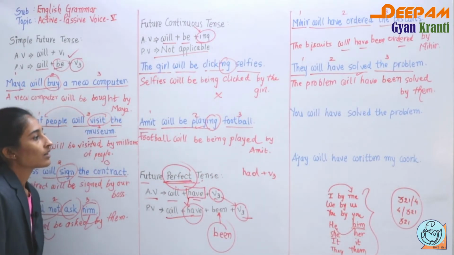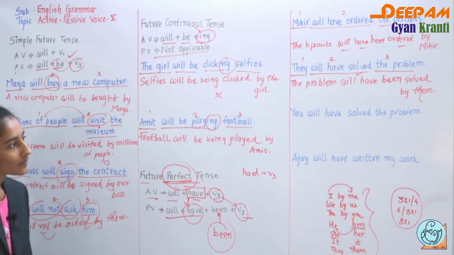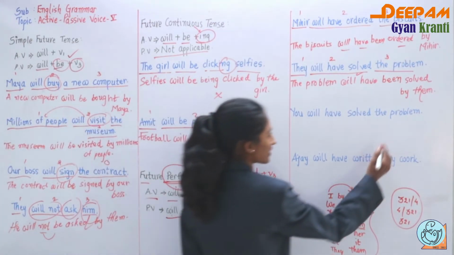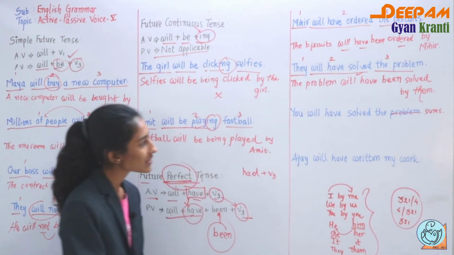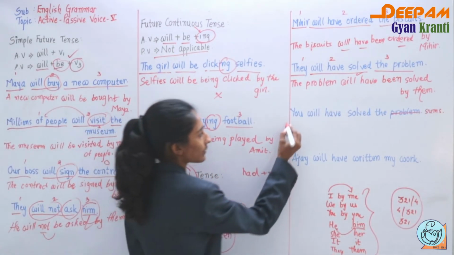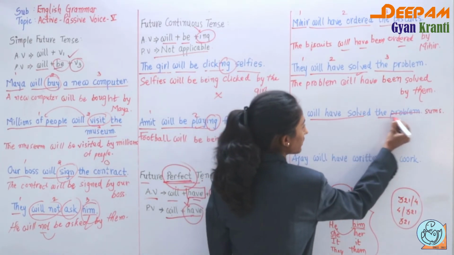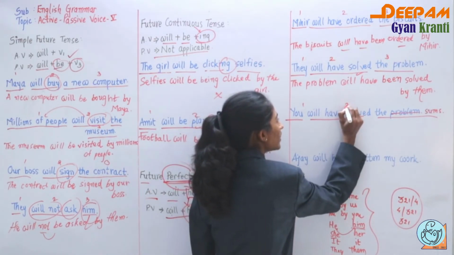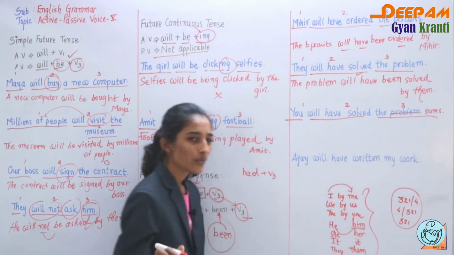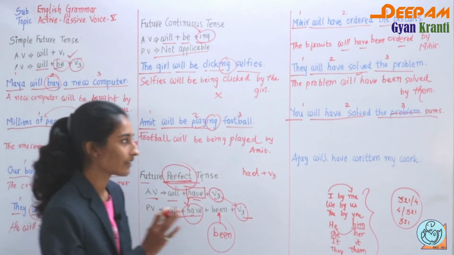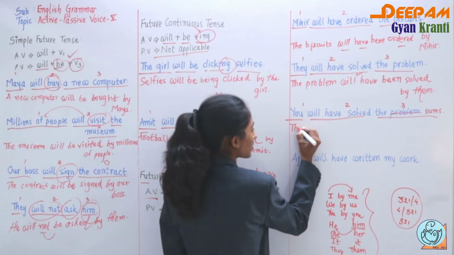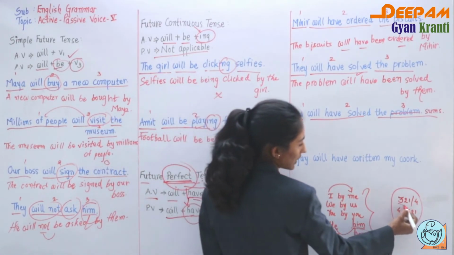Right. See next one, you will have solved the problem, or we can say here we take sums. Okay, you will have solved the sums. So subject is you, will have solved and the sums. So 1, 2 and 3. If you know how to underline and make the parts, then it's very easy. So object is third number, means the order is 3 to 1.